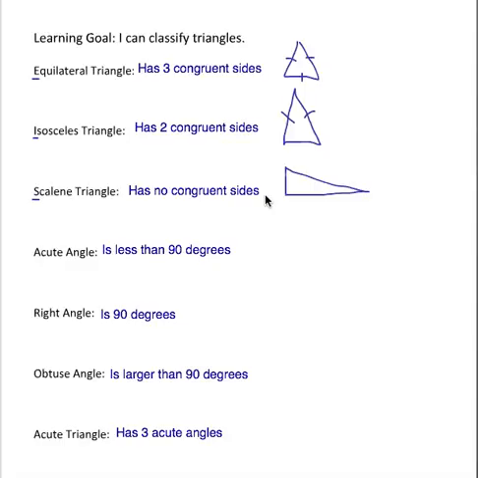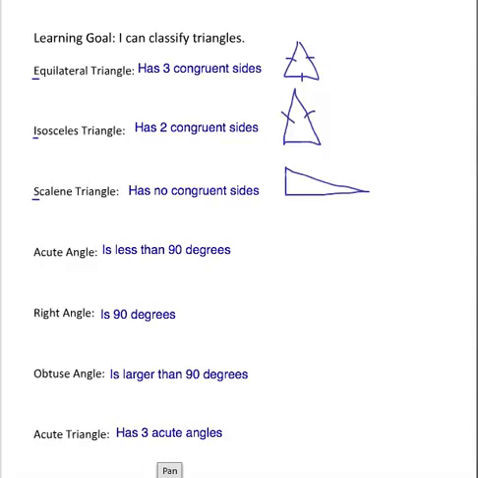An equilateral has three, an isosceles has two, and a scalene has zero. So if I were to list equilateral, isosceles, scalene in alphabetical order, it would go 3, 2, 0. That's an easy way to remember the triangles.